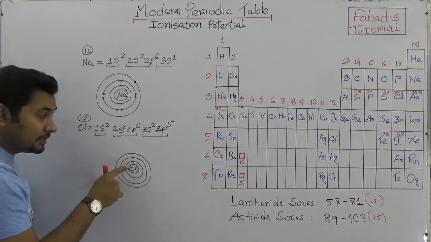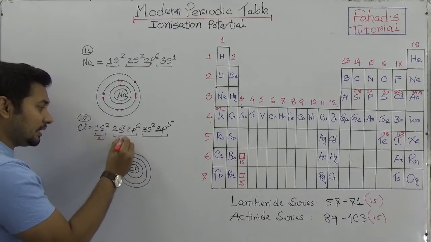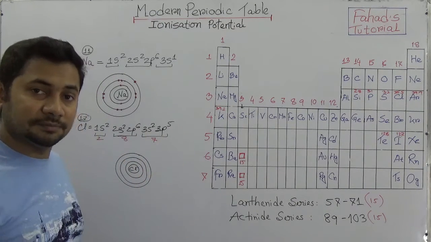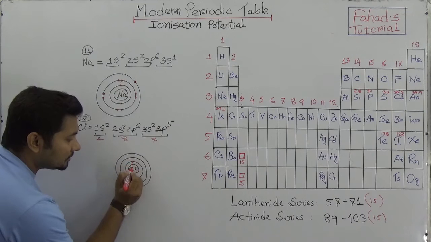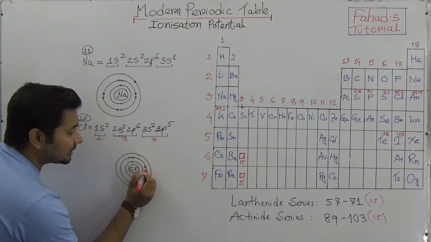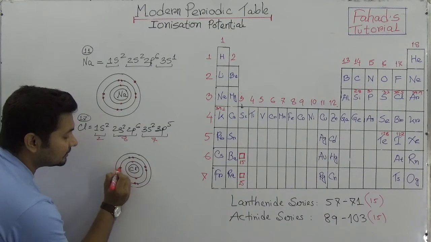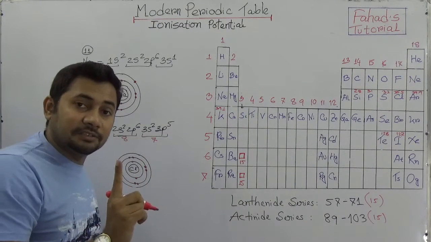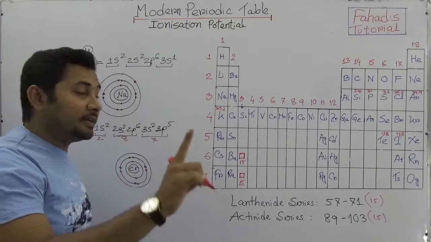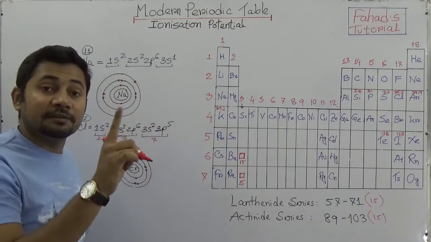But in chlorine, it has 2 electrons, 8 electrons, and in the outermost shell 7 electrons.